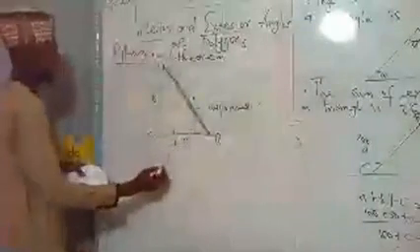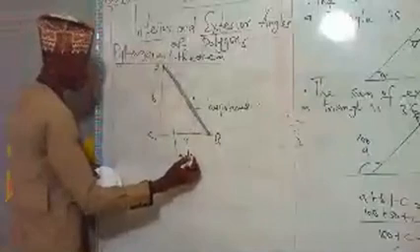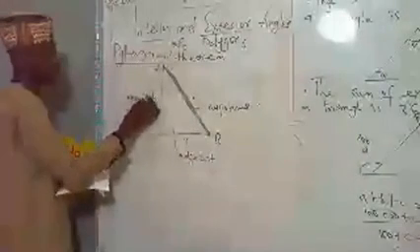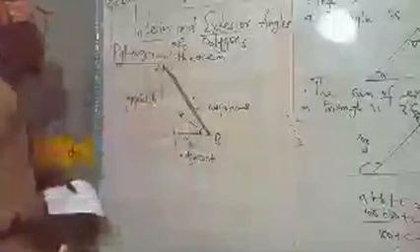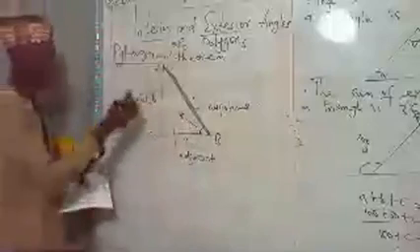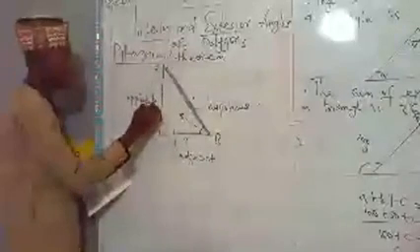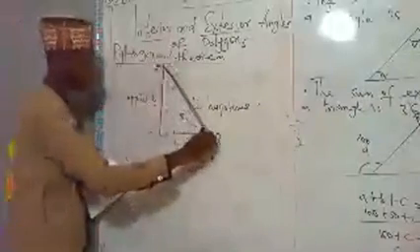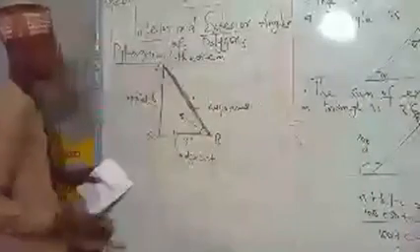This is the adjacent, and this will be the opposite. Is it clear? So this is facing, this is the opposite, this is the adjacent. Sometimes you may be given the length of this, and they will ask you to look for the hypotenuse, which is the longest part.